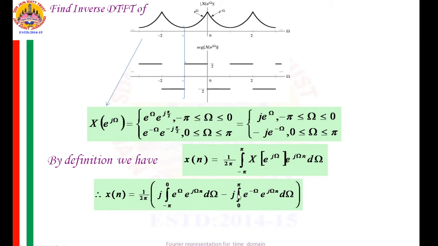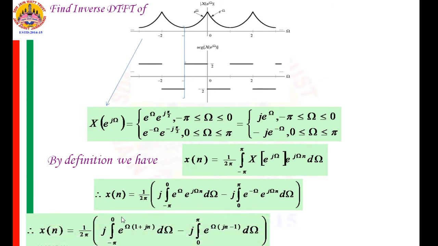Now, taking common omega from these two terms, we remain with 1 plus jn, and when you take common here you will remain with jn minus 1. So this x[n] becomes equal to 1 upon 2 pi j integration minus pi to 0 e raised to 1 plus jn omega d omega minus j integration 0 to pi e raised to jn minus 1 omega d omega.